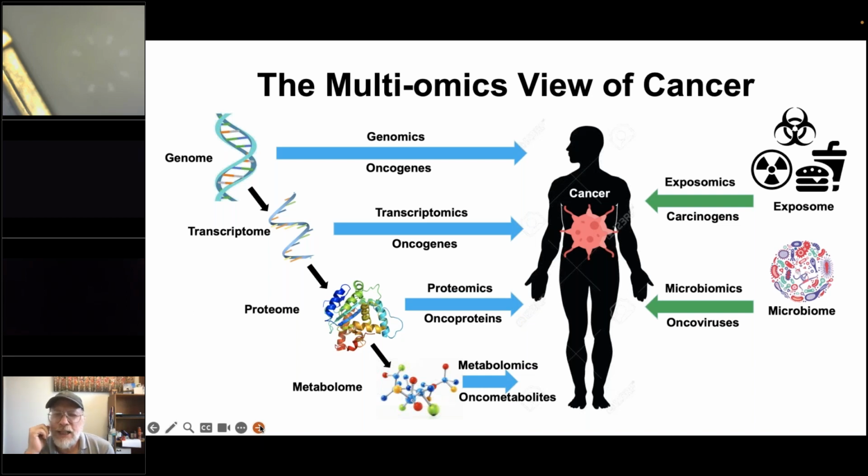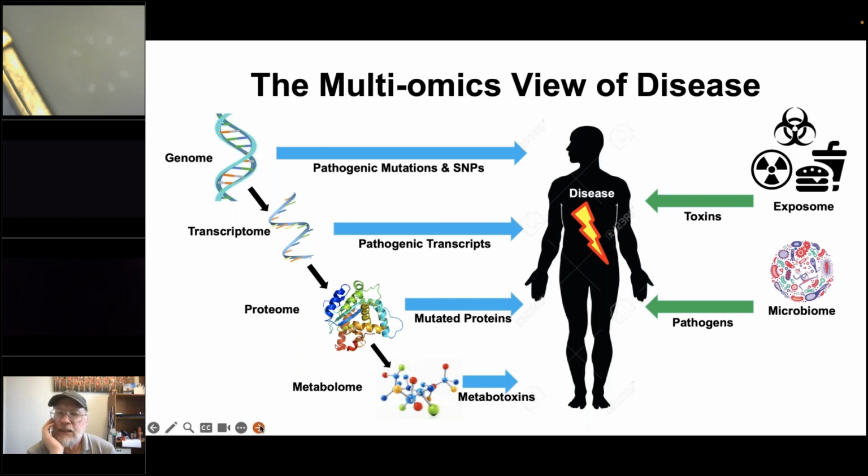So what we can think of now is that cancer isn't just a genetic disease, it's a multi-omic disease. And in fact, we can extend this to probably all other diseases and pathologies that we think about, or even conditions that see contributions from the genome, transcriptome, proteome, and metabolome, but are also often due to exposures or pathogens or microbes.